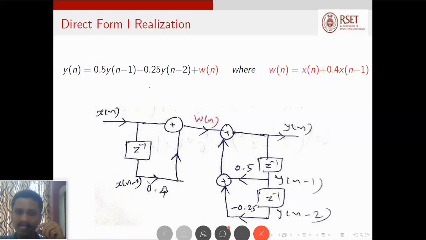So here you can see the corresponding constants, 0.4, this one 0.5, and this one minus 0.25 in this particular example. So definitely there will be the multiplication terms, I mean the multiplication with the constants, in the case of IIR filter realization.